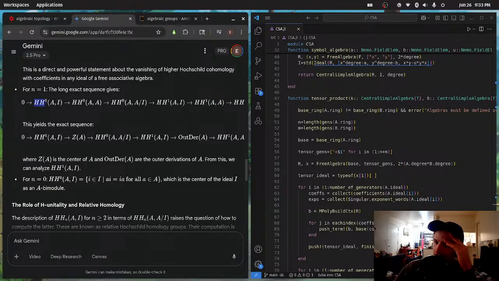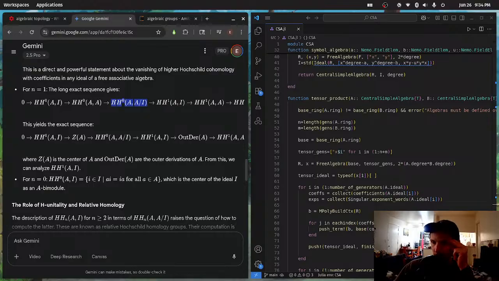Well, K is not in the ideal, and so this should be just 0, I guess. And so this thing will always contain K, but then we'll have the HH1 term, which will sit in between 0 and this thing.